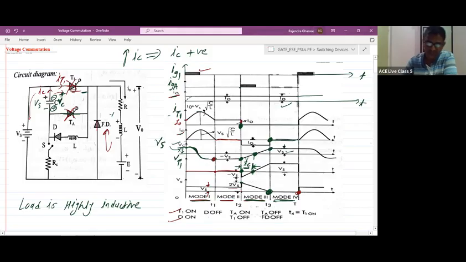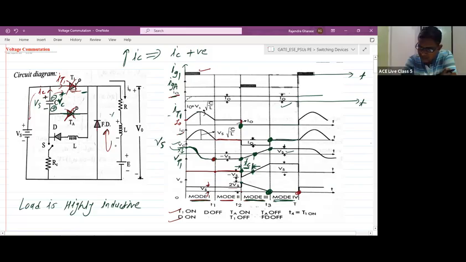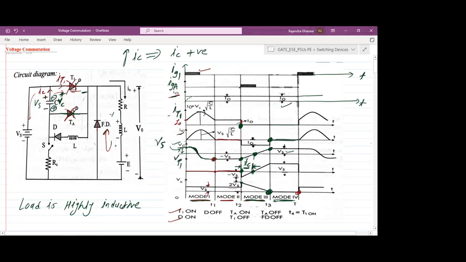Actually, suppose this is a motor. The voltage across the motor is 0, but is the current flowing through the motor? Yes, because the motor inductor is circulating the current. Consider it not as a passive load, but as a motor load, an RLE load. Even though the voltage is 0, the current is flowing through the output devices.